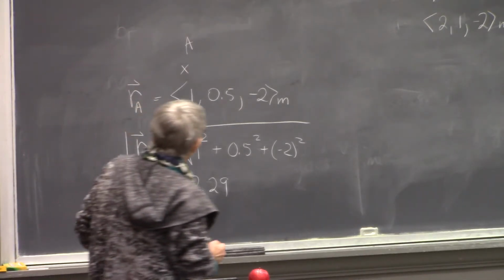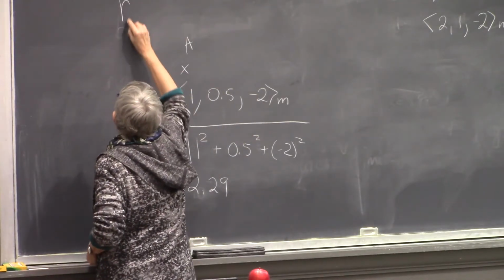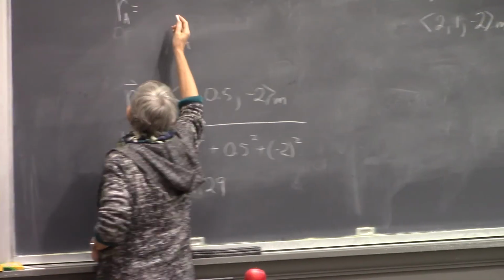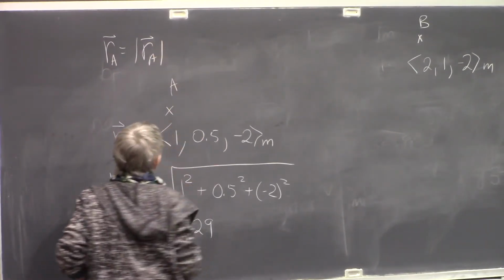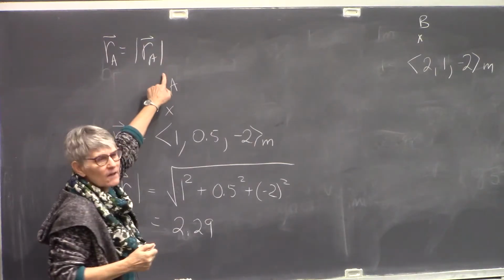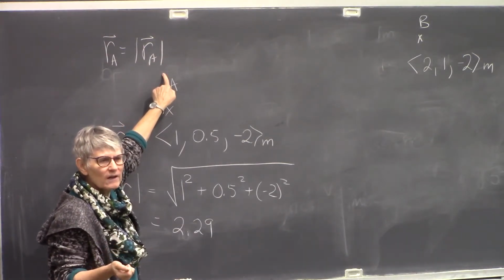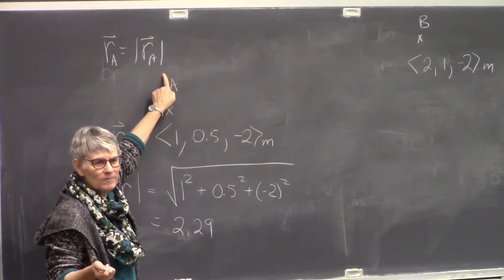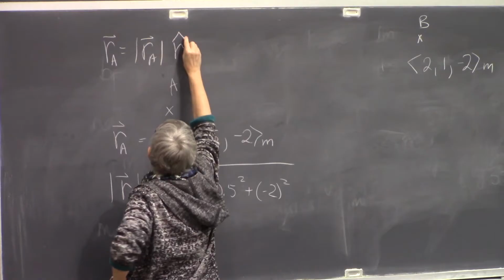So we want to write RA as the product of two things. Its magnitude times some vector that has magnitude 1, and that's a unit vector. And so unit vectors have a little hat over them.